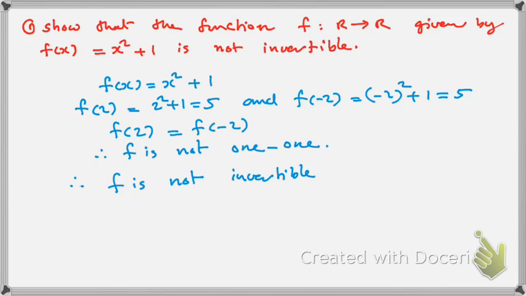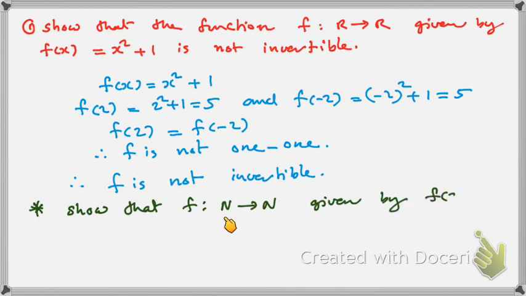So here I have another question for you to pause the video and try. The question goes like this: show that the function f defined from N to N given by f of x equals 2x is not invertible. What you would do is check if it is both 1, 1 and onto.